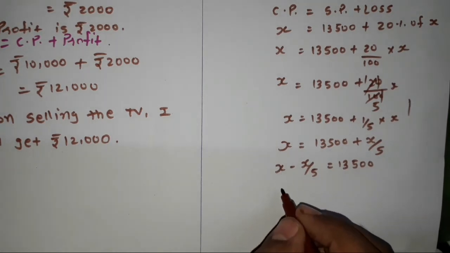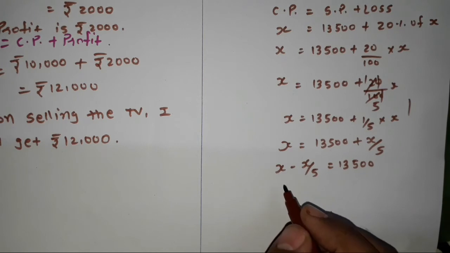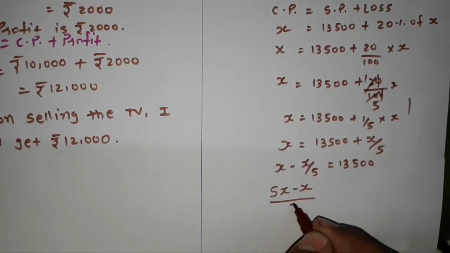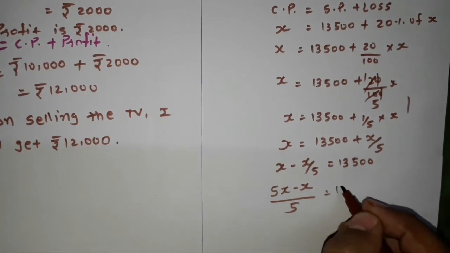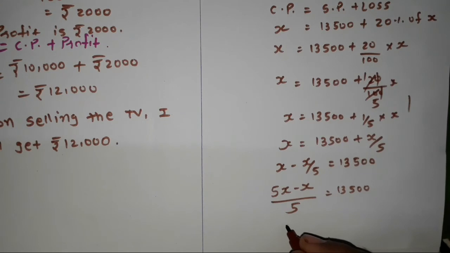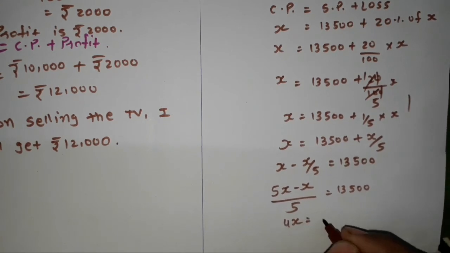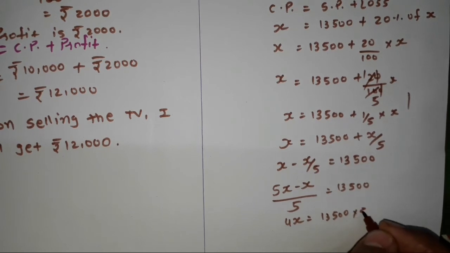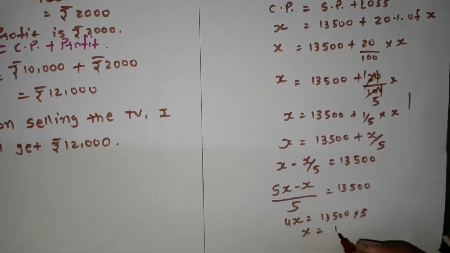So we get 5x minus x upon 5 equal to 13,500. Now 5x minus x becomes 4x, so 4x is equal to 13,500 multiplied by 5. So x is equal to 13,500 multiplied by 5 upon 4.